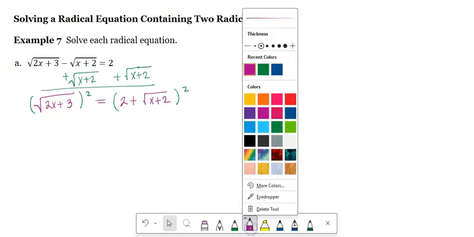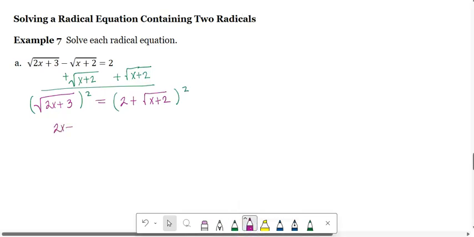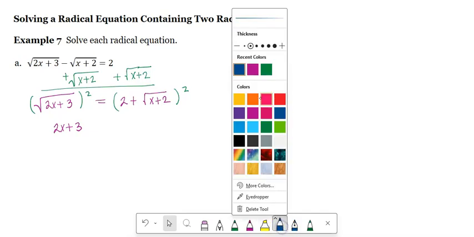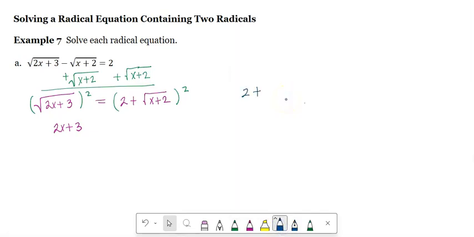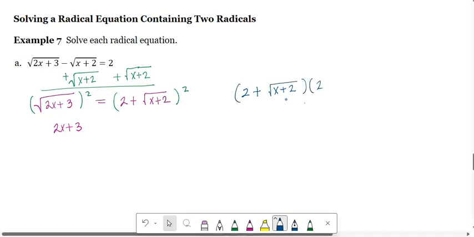The left-hand side is going to be easier because this is just going to get rid of that square root symbol. But on the right-hand side, we need to think about FOILing this out. So this whole thing gets multiplied by this whole thing.